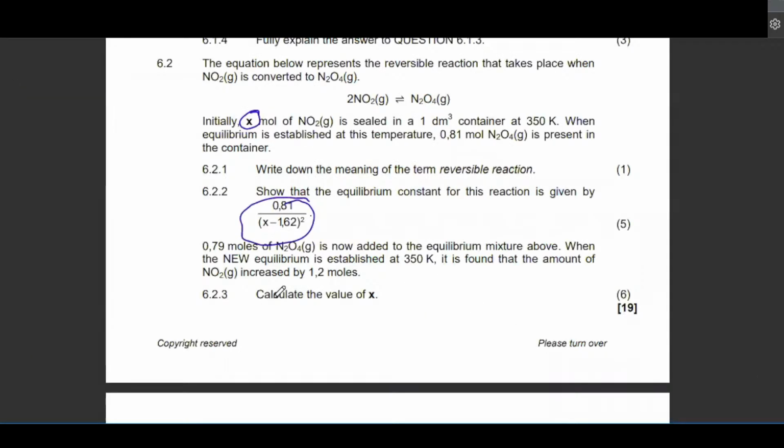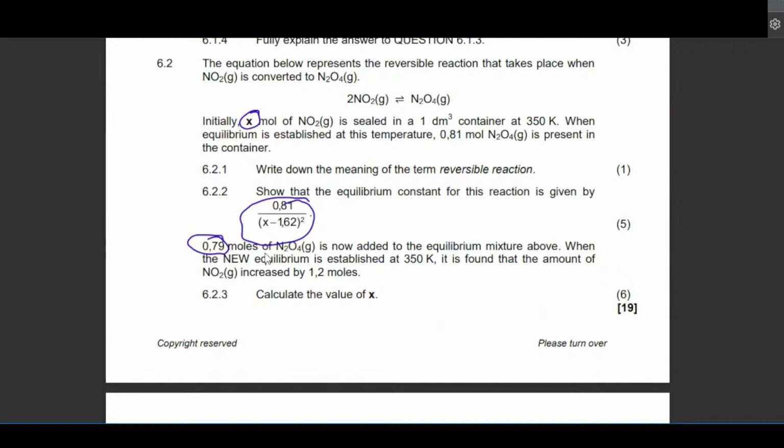Then we go to the second equation, saying that 0.79 moles of dinitrogen tetraoxide is now added. So it means that now we have added this to the equilibrium mixture below, and when the new equilibrium is established, it was found that nitrogen dioxide increased.